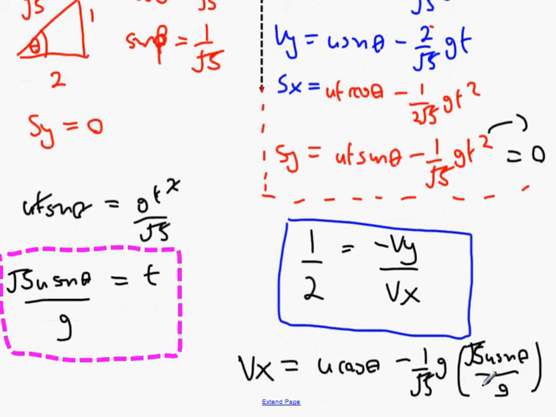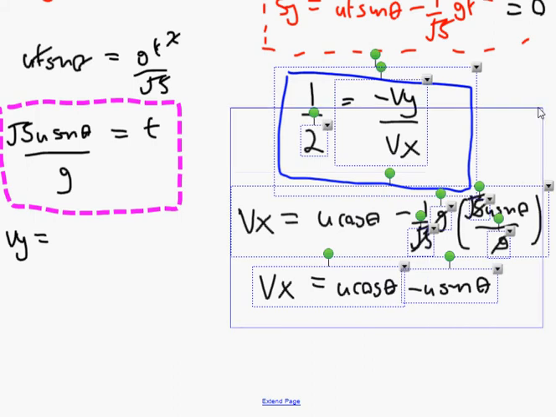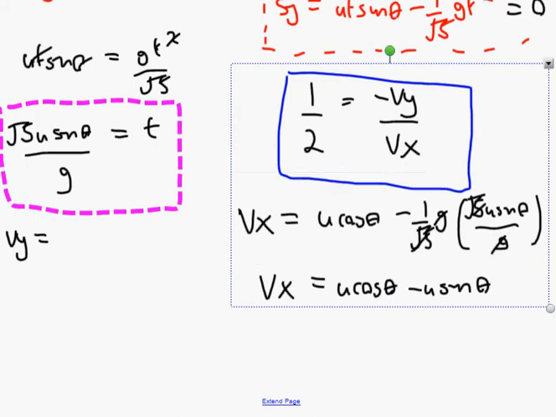Once we find that out, the g's cancel, the root 5's cancel, and we have u cos theta minus u sine theta. Is that alright? U cos theta minus u sine theta? Yeah, why not. Let's make this whole thing a lot smaller. Taking up too much space.